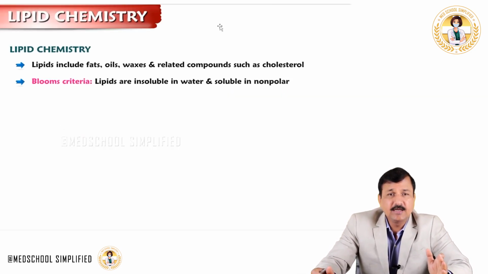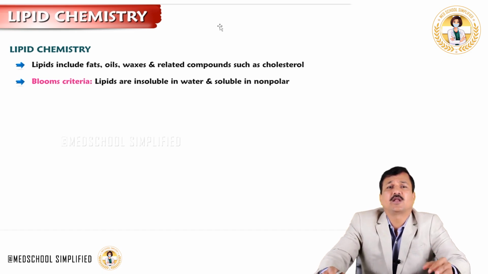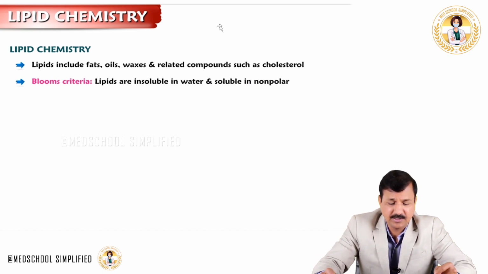Note that lipids are heterogeneous molecules. These are the esters of alcohol along with the fatty acid. Along with the fatty acid, a carbohydrate part or nitrogenous base can be attached, so different molecules can be found in lipid molecules.